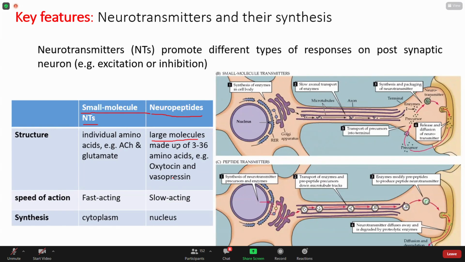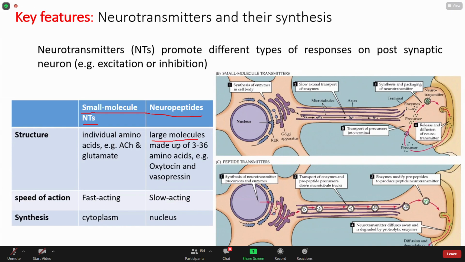Now, the small molecule neurotransmitters, we said, are made up of what? Individual amino acids, okay? And they are synthesized locally within the presynaptic terminal.